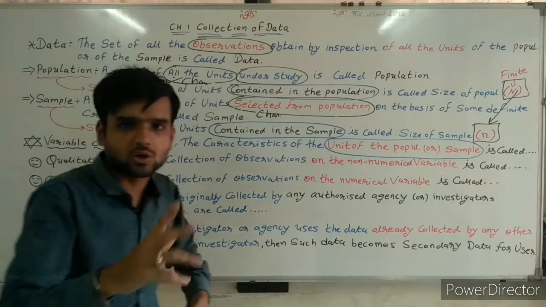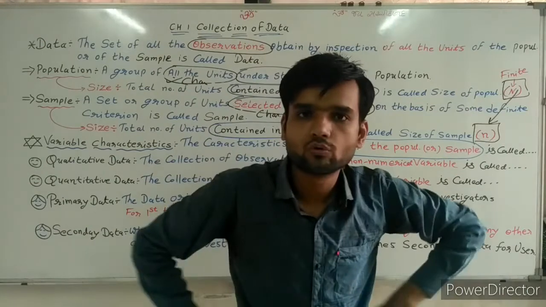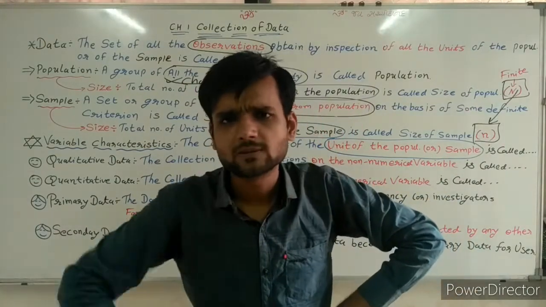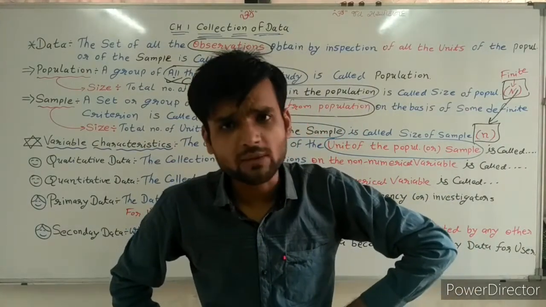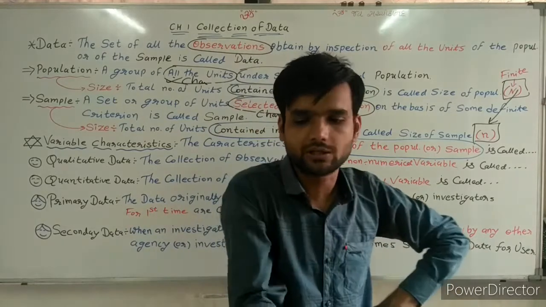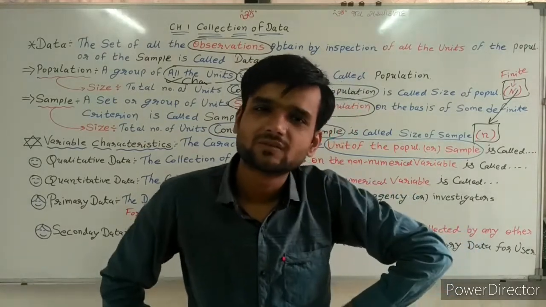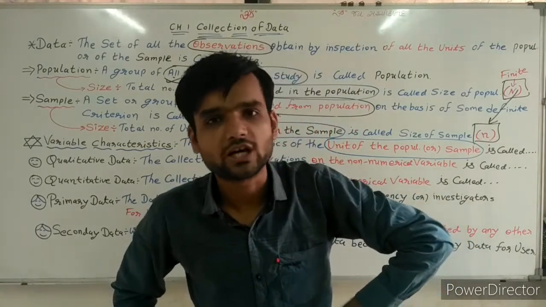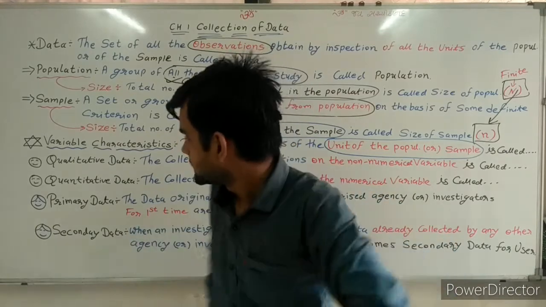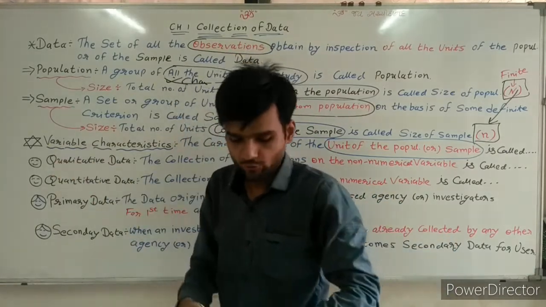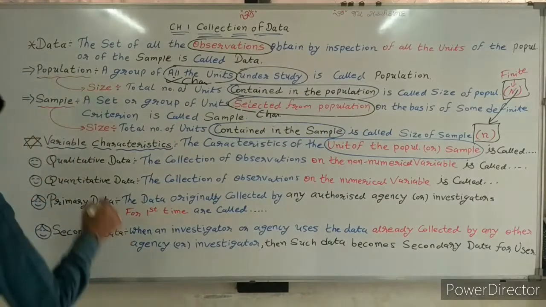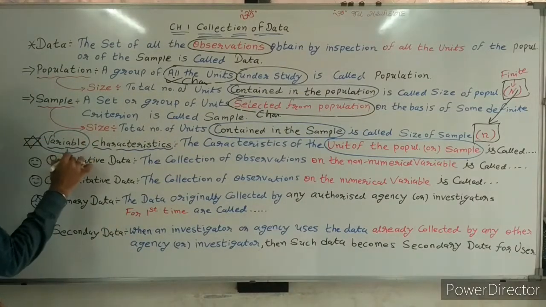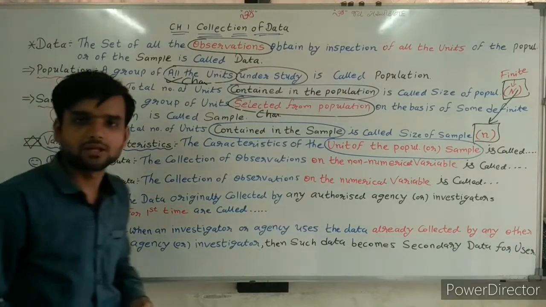Now, sir, what is meant by quality? All of you know you are using many things and you can bifurcate them. This is the best quality. It's not proper quality. Qualitative data. Same way variables have also qualitative or quantitative types.